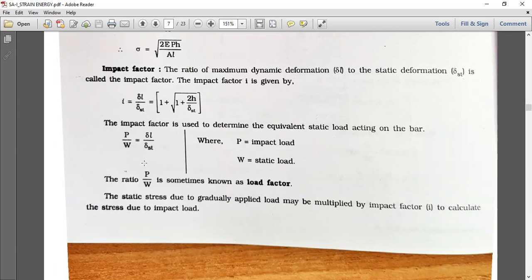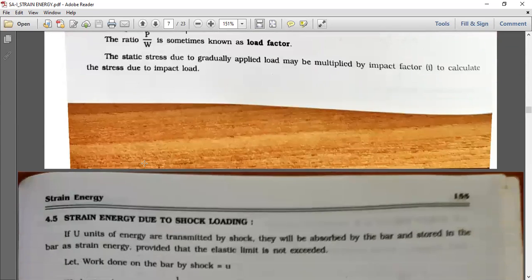Impact load is P and static load is W, and the ratio P by W is sometimes known as the load factor. The static stress due to gradual loading may be multiplied by the impact factor to calculate the stress due to impact load.